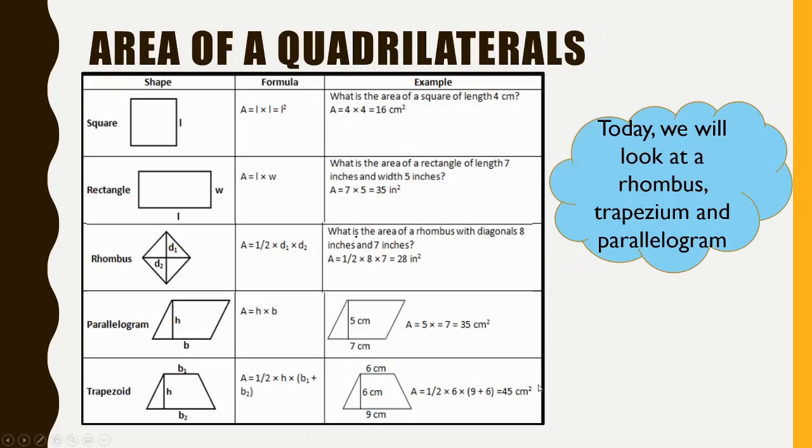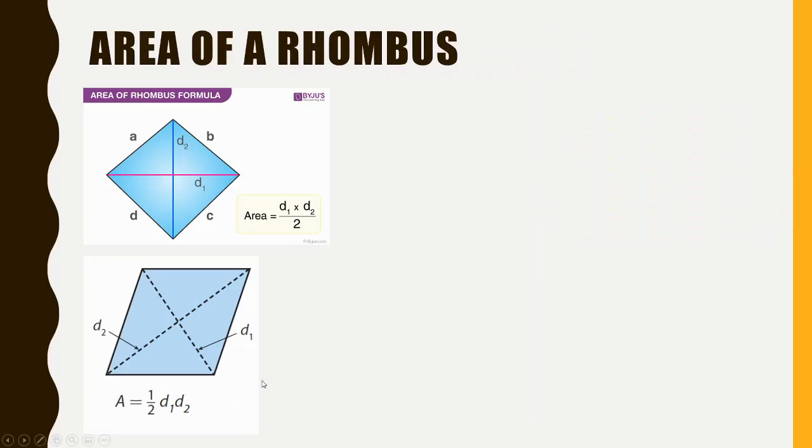Now this is a table that we had in our last lesson with all the quadrilaterals that we're looking at this unit. And the ones we're focusing on today are the bottom three, the rhombus, the parallelogram, and the trapezoid. So, starting off with the rhombus. What you need to know to work out the area is the two diagonal lengths.